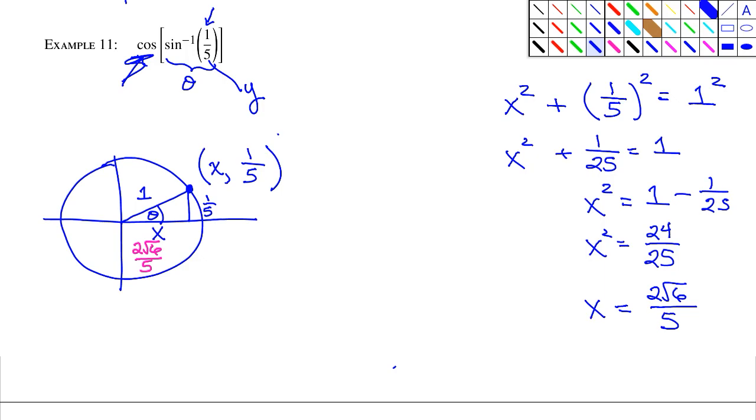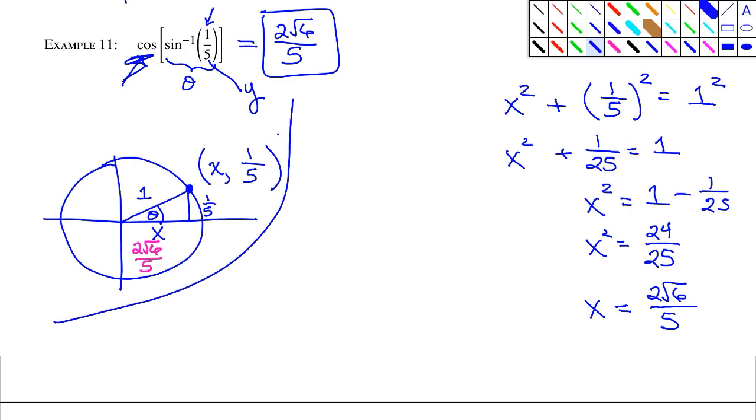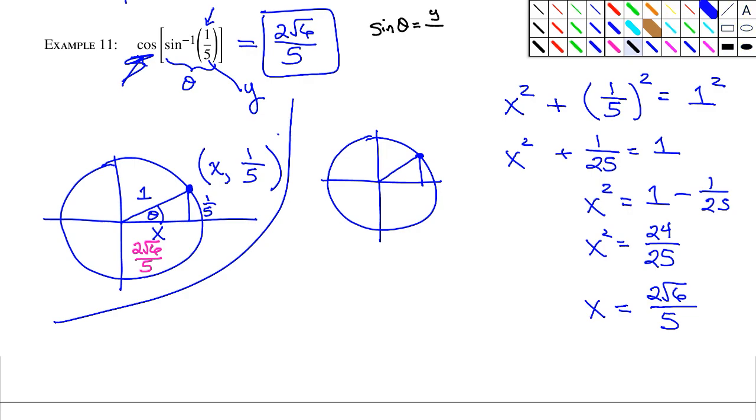And now, since I set this up as a unit circle, the cosine of the angle theta is just the x-coordinate, so it's 2 root 6 over 5. That is one choice. Another choice, and you'll see this probably more frequently, is to set up the circle, and this is just any circle, draw the triangle in the correct quadrant, and then acknowledge that the sine of theta is equal to y over r.